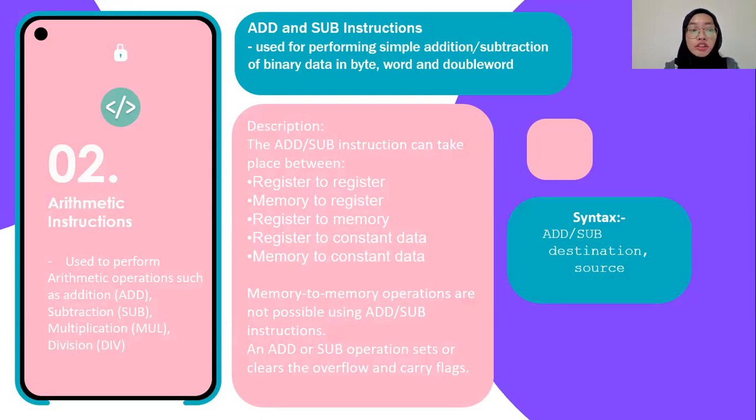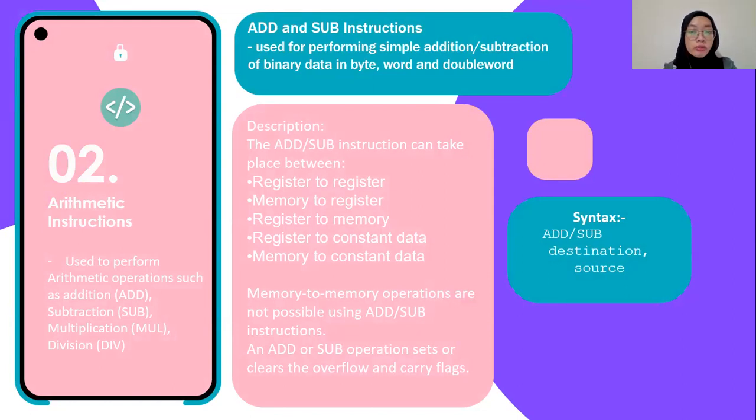For example, for adding and subtracting 8-bit, 16-bit, or even 32-bit operands respectively, the ADD or SUB instruction can take place between register to register, memory to register, register to memory, register to constant data, and memory to constant data.